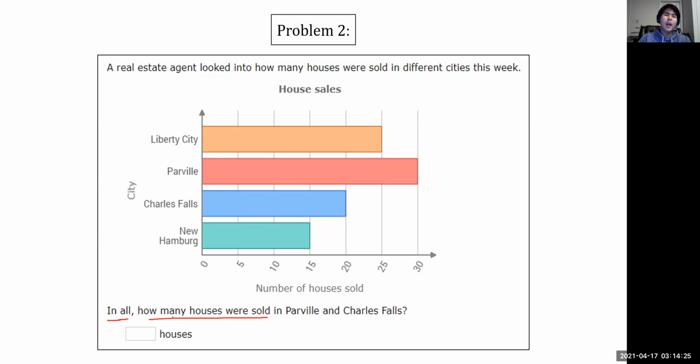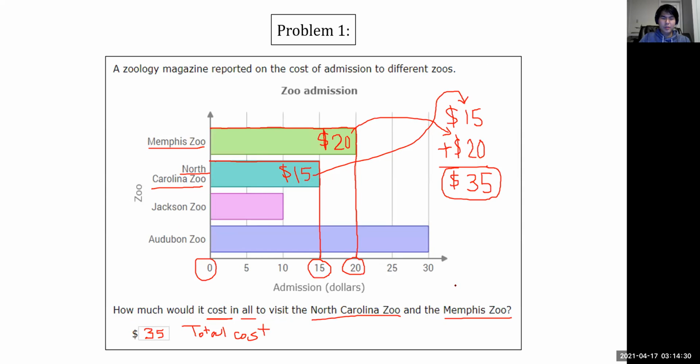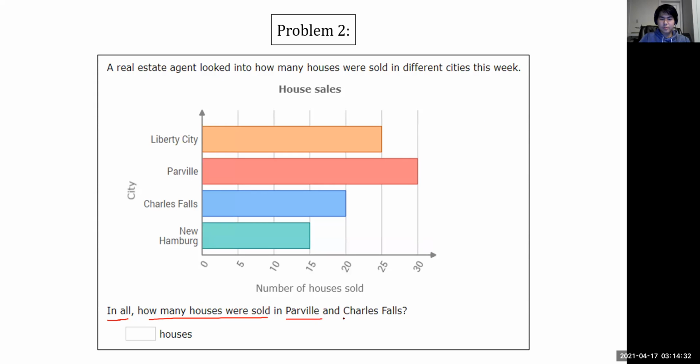So I'm just going to employ the same approach as I did for problem 1 by locating these two city names on the graph. I found the bar for Parville, and I located the bar for Charles Falls.